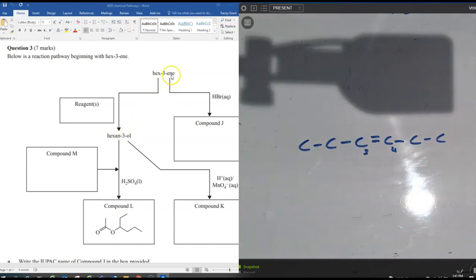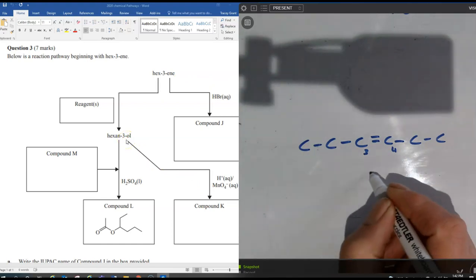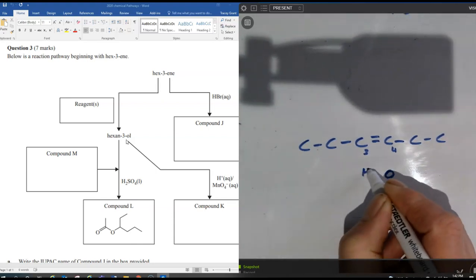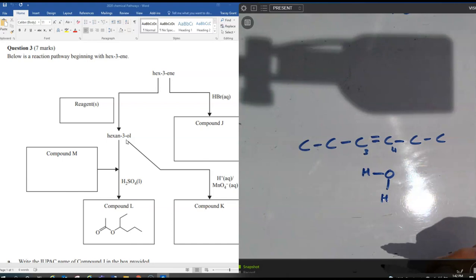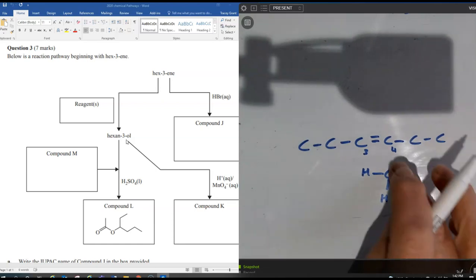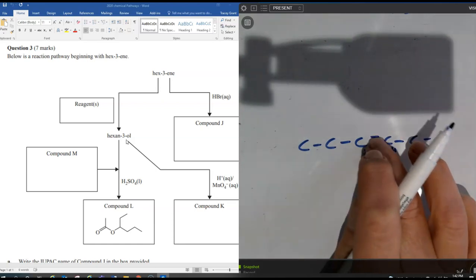So we're going to break the double bond and we're going to add water across it. So we need a water molecule, and we're going to break the double bond and add water across.